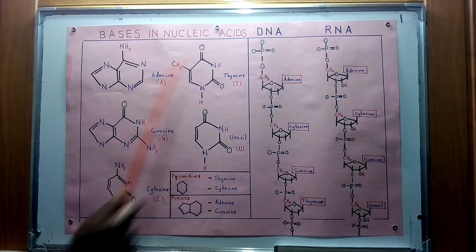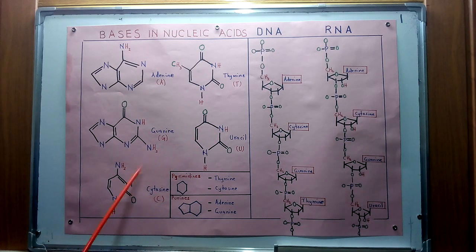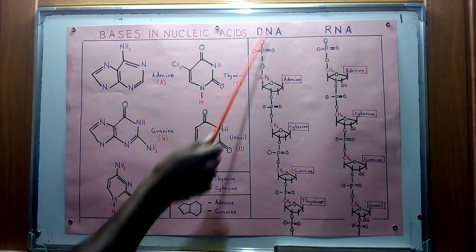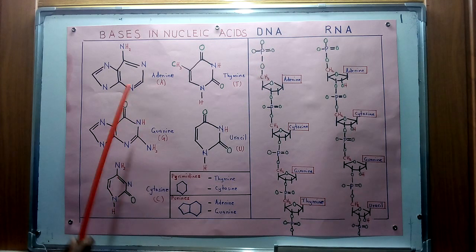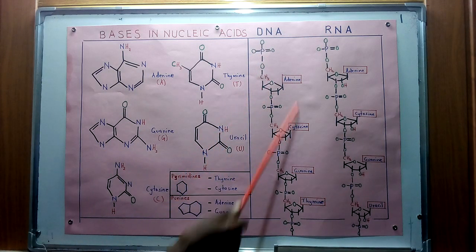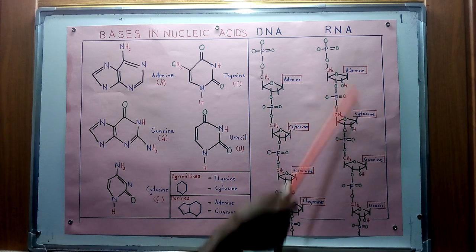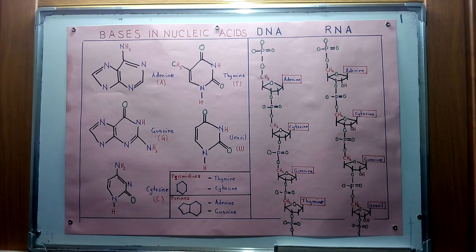And of course, we can see that the 3 of them have just a single cyclic ring as compared to adenine and guanine. So basically, these are the bases in nucleic acids, which we refer to as DNA and RNA, which alternate at these specific points of carbon number 1 for each of these two strands, respectively.